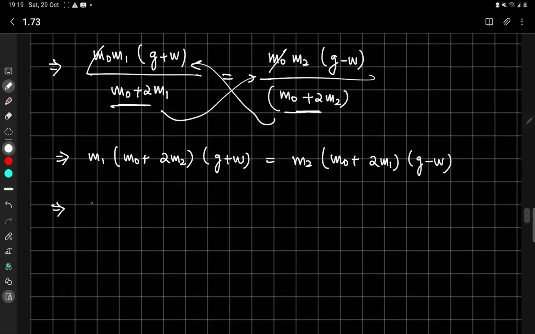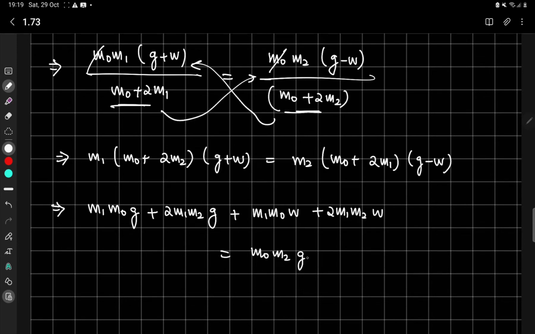So from here we can get m1 m2 g plus 2 m1 m2 g plus m1 m naught w plus 2 m1 m naught w, that is equal to m naught m2 g plus 2 m1 m2 g minus m naught m2 w minus 2 m1 m2 w.